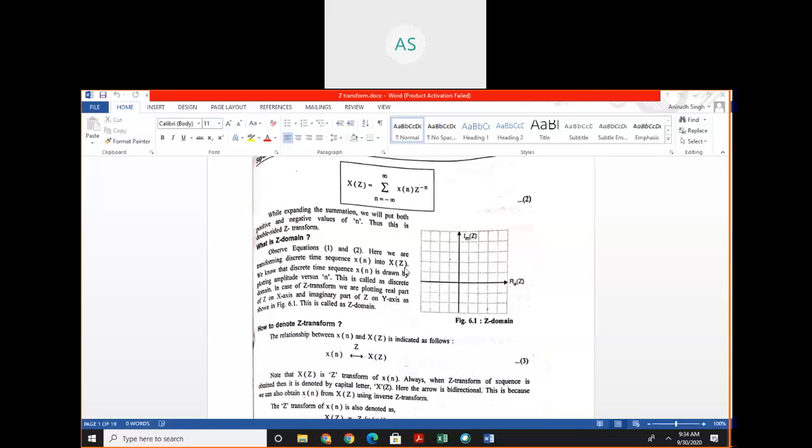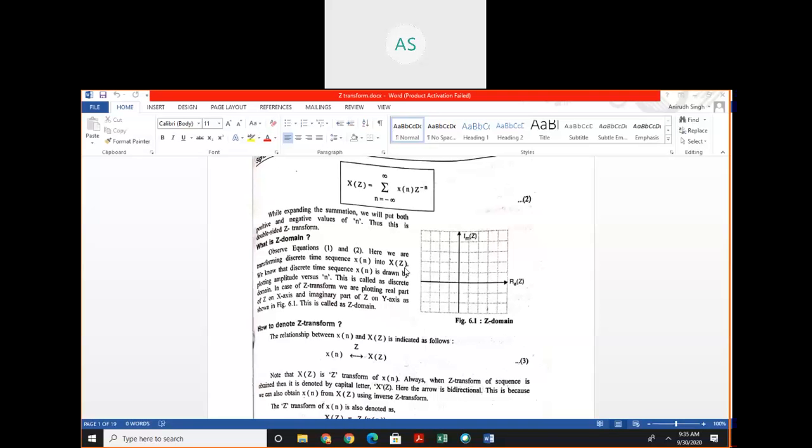In the Laplace transform, how can we analyze a system? When the ROC is to the right of the greatest pole, then the system is causal. If the ROC is to the left of the least pole, then the system is anti-causal. And if the ROC is in between the poles, then the system is non-causal.